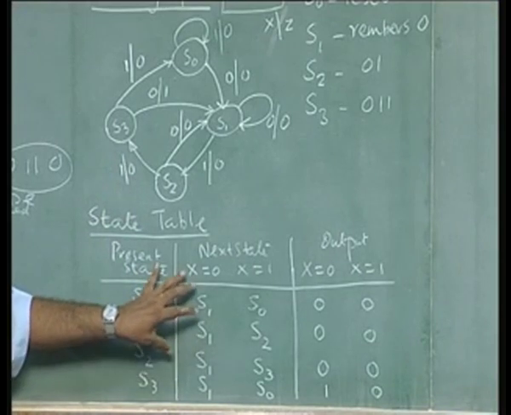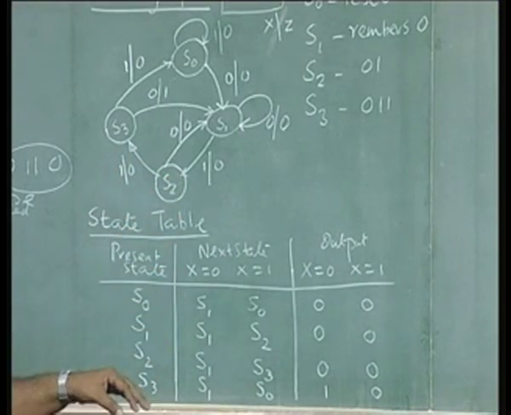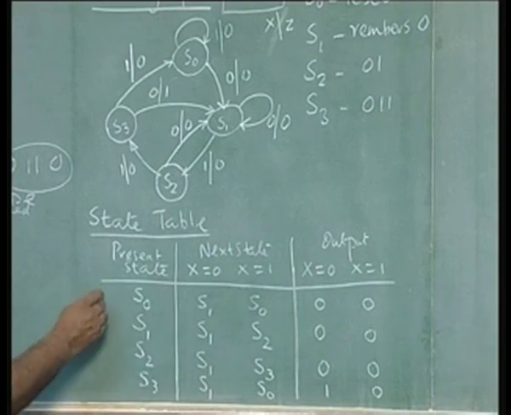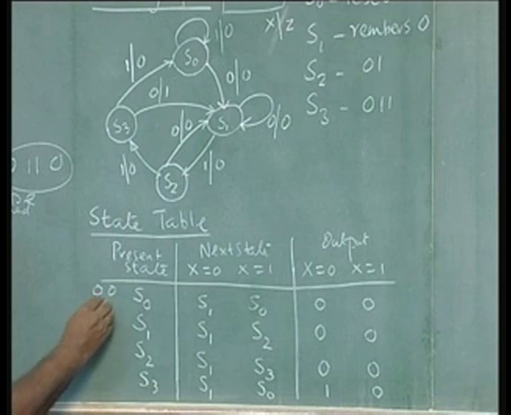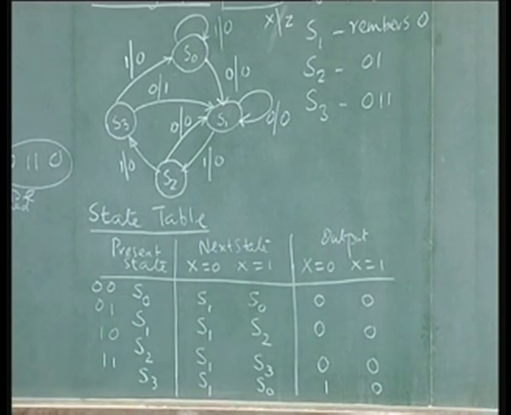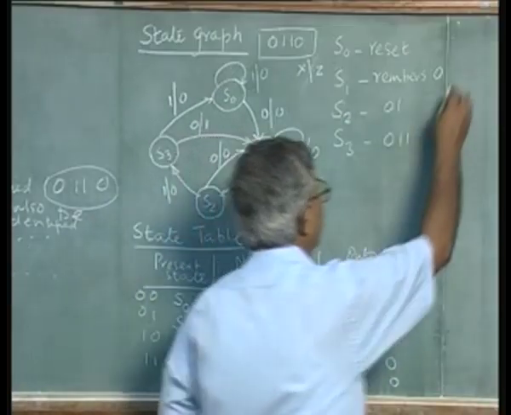From this table you can get the circuit. How do you do that? You have to assign variables for each of these states. You can arbitrarily assign 00, 01, 10, 11 as the state variables. So, we can translate this into a table called the transition table.